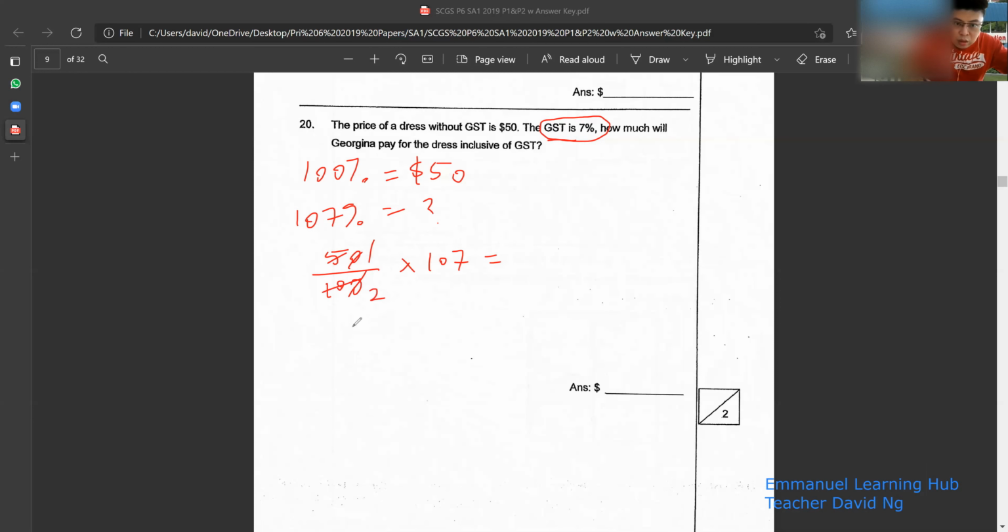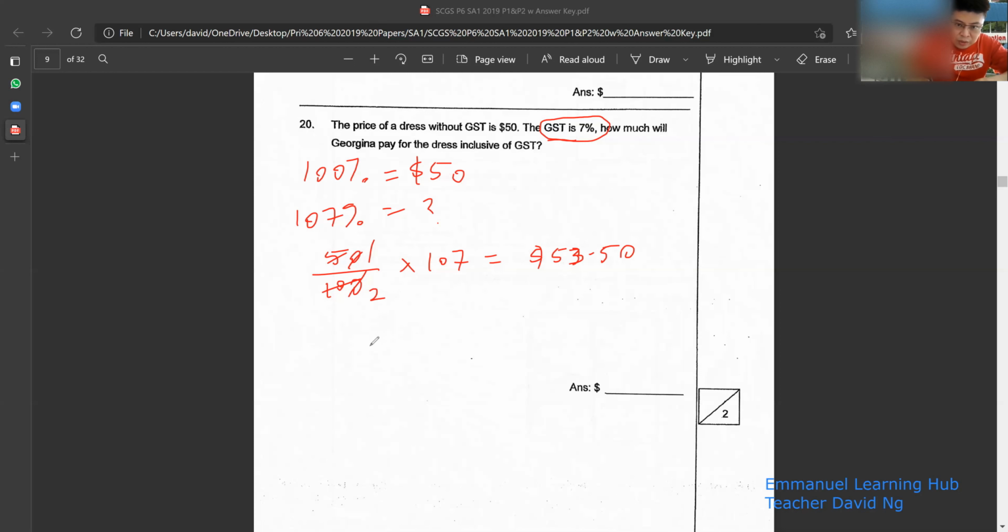So 107 divided by 2. Okay, 107 divided by 2. You got $53 and 50 cents.